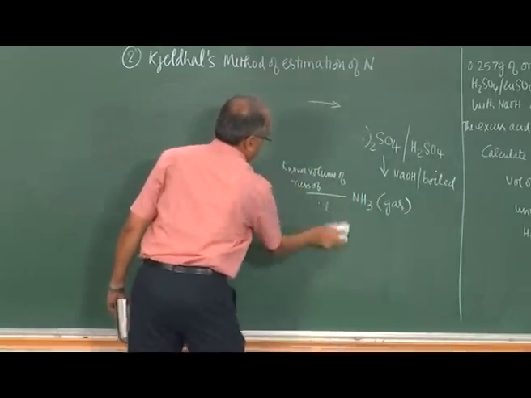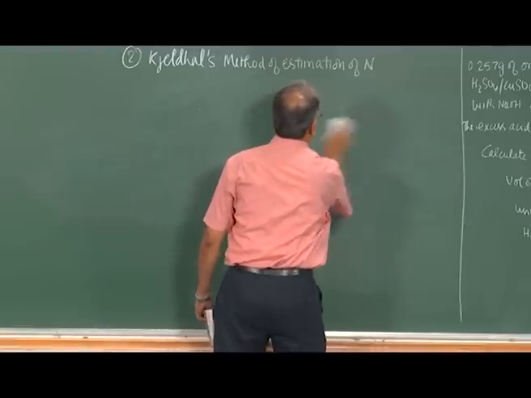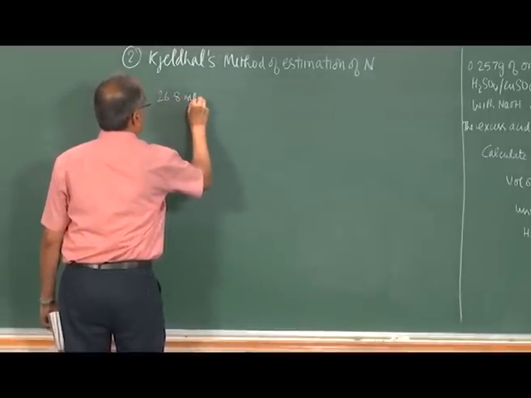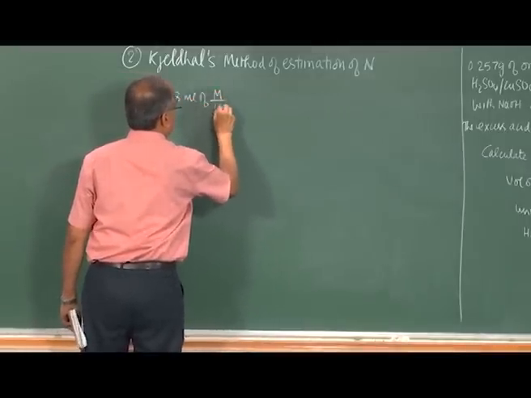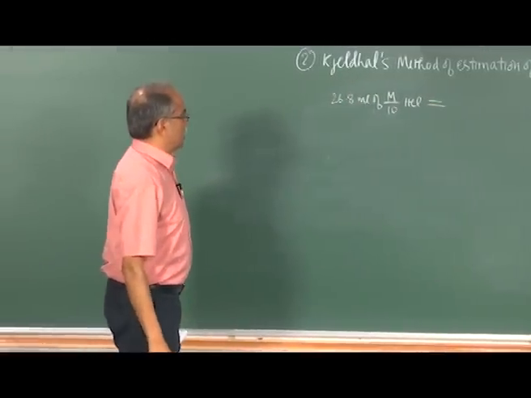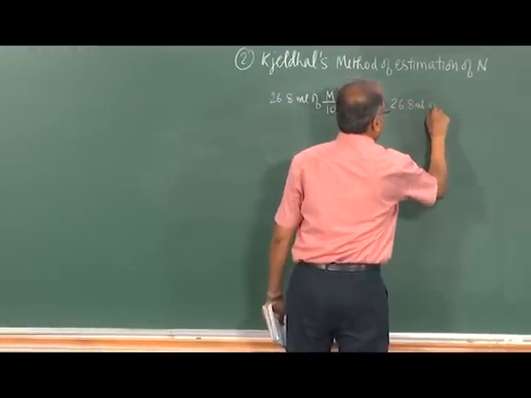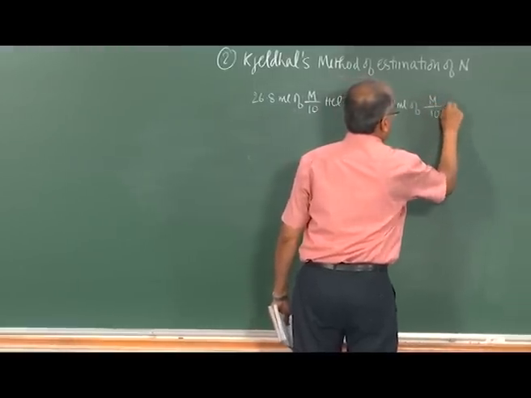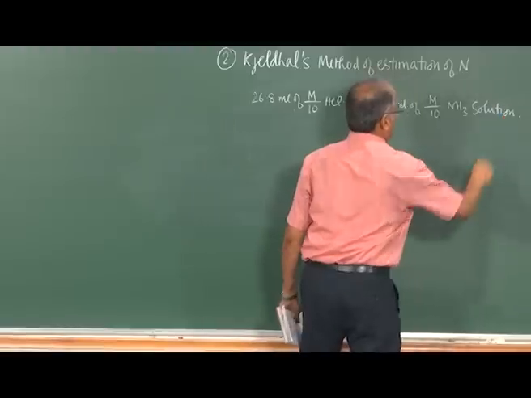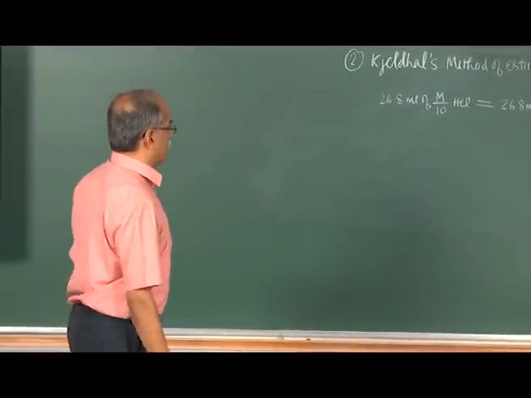That is easily done. So, the 26.8 ml of M/10 HCl will be equal to, in terms of the neutralization reaction, 26.8 ml of M/10 ammonia solution, which was originally liberated by the Kjeldahl method of liberating the ammonia.